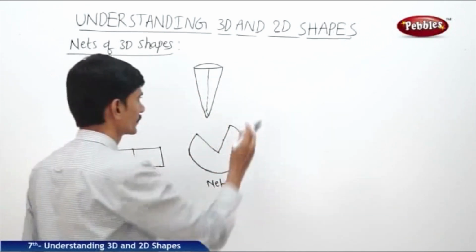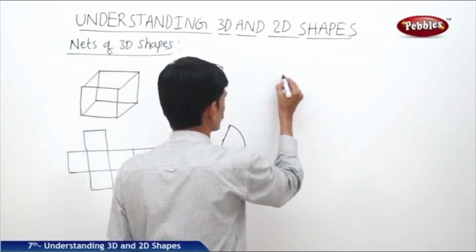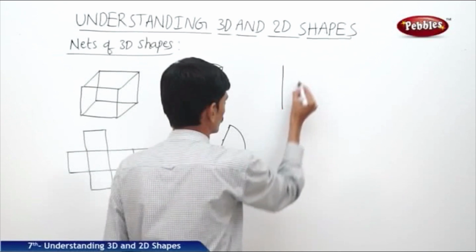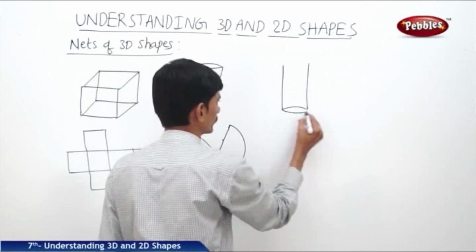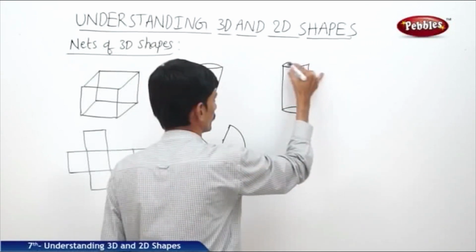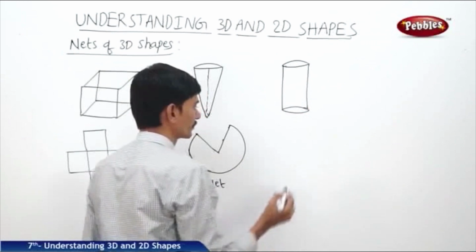cone, and if you take any other figure, any cylinder, so it has one curved face, the other two are circular bases.